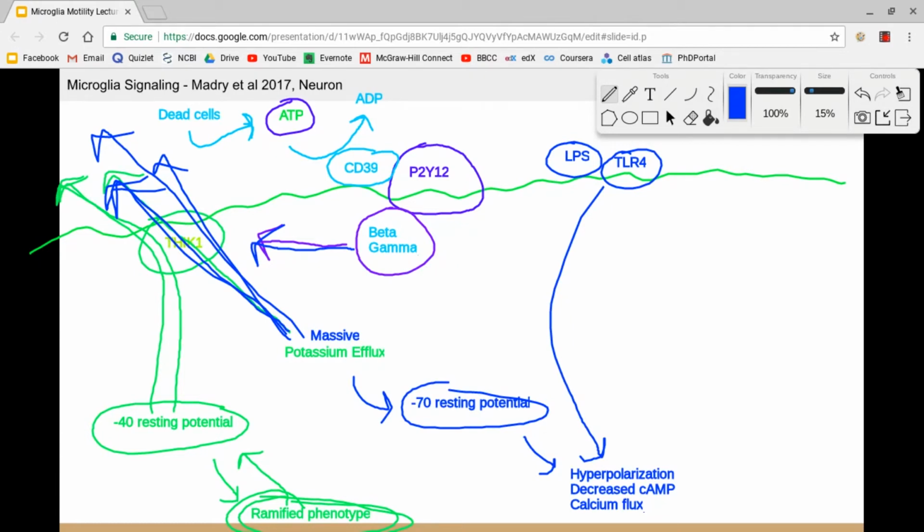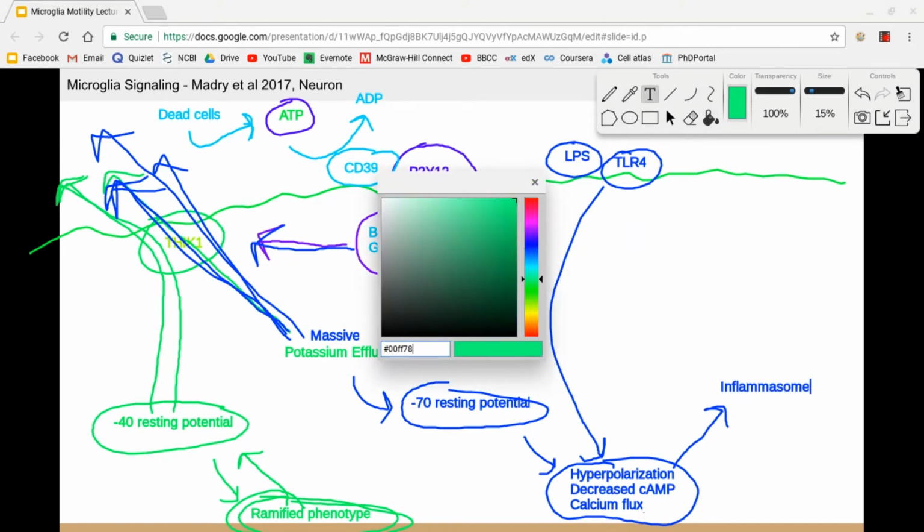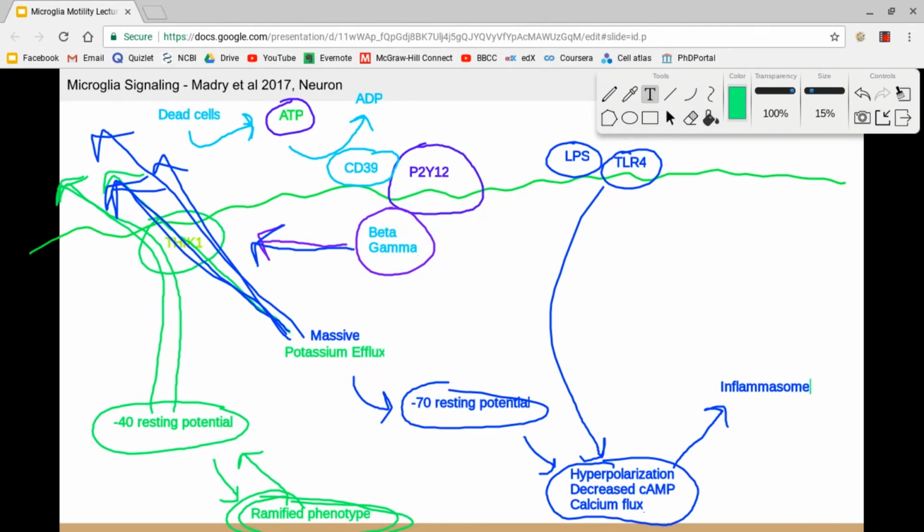So massive potassium efflux causes hyperpolarization, decreased cyclic AMP, calcium flux, and all these things are going to trigger the construction of our inflammasome, right? Our inflammasome is constructed with the NLRP3 subunits.